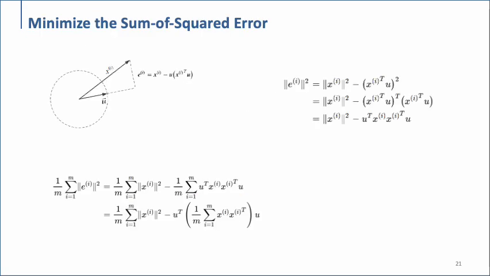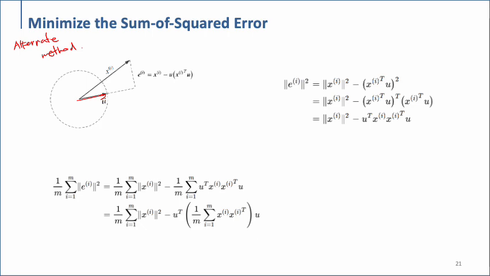And alternatively, the maximizing variance problem can be understood as minimizing the sum of squared error. So let me explain why. So here we know that our problem is finding the u-axis that maximizes the variance.